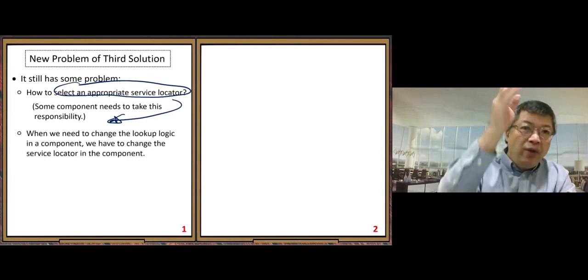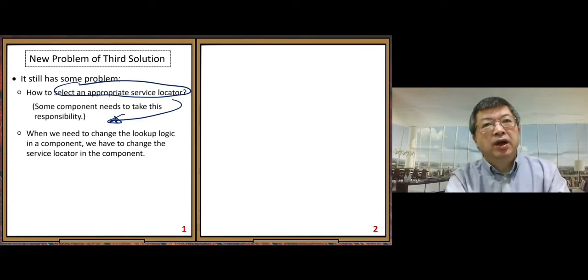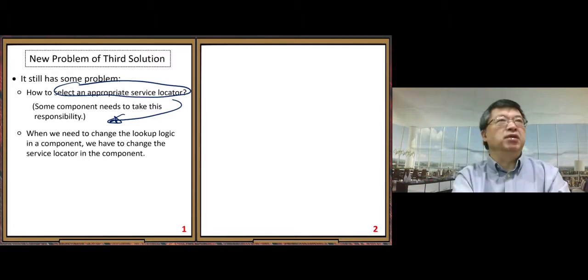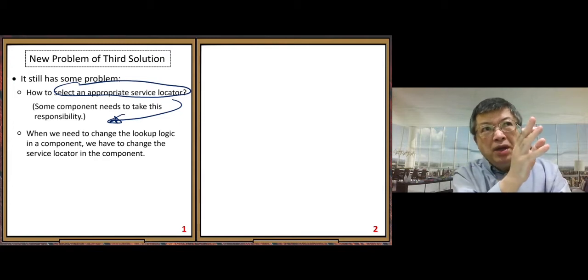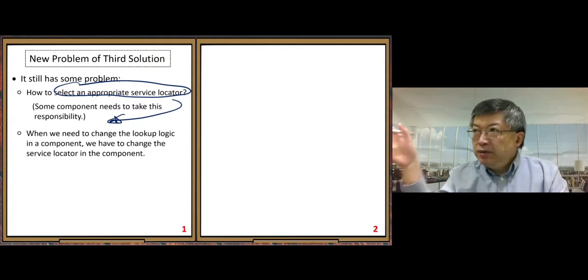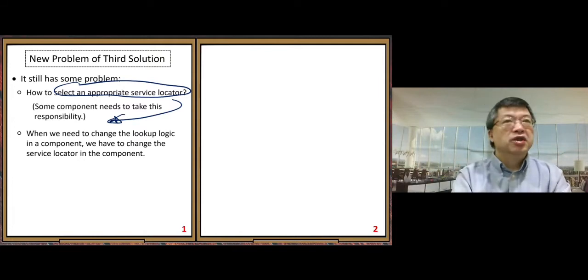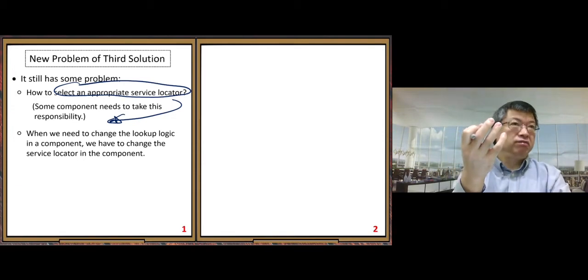So when we need to change the lookup logic in a component, we have to change the service locator in the component. The old service locator may not be useful in the new situation, so you may need to create a new service locator.